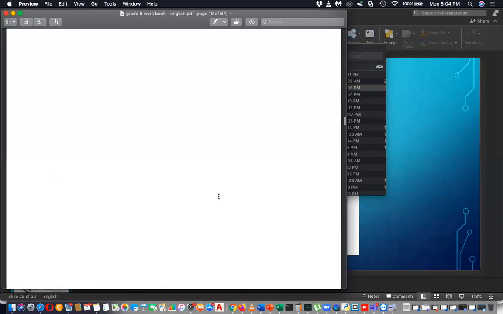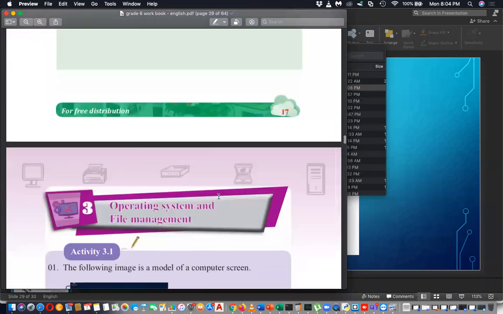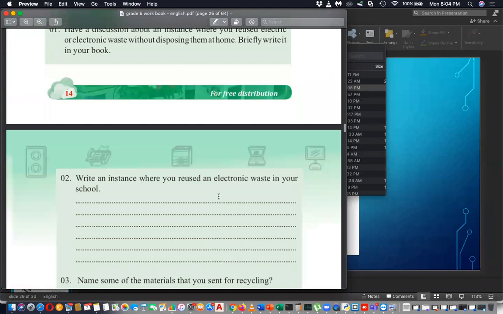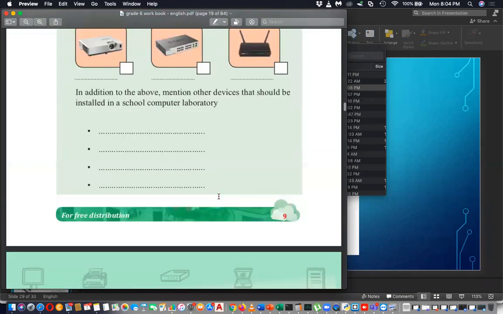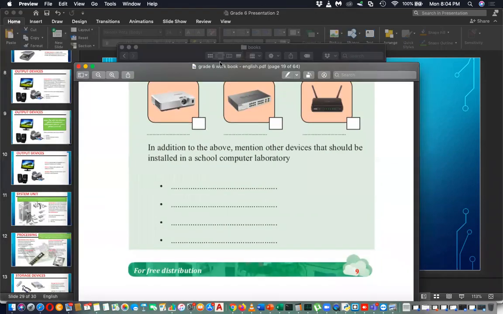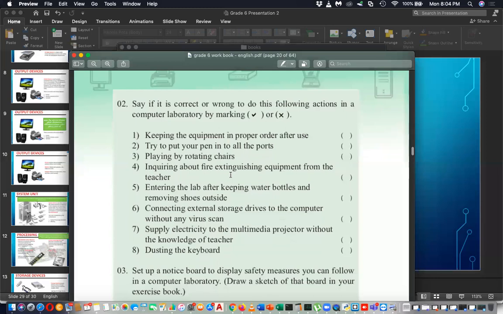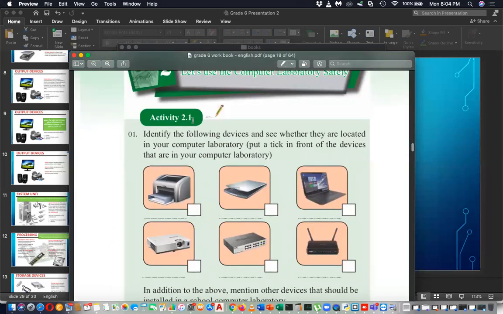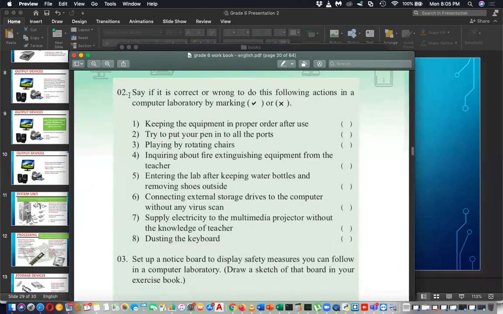Go to page number 19 and 20. Please complete activity 2.1, questions 1, 2, and 3 as homework.